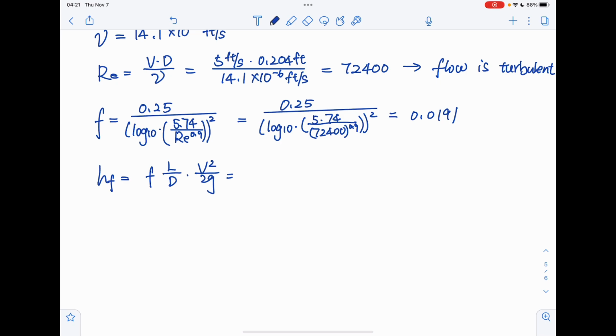F is 0.0191, times L, which is 100 feet, over the diameter, 0.204 feet, times the velocity, 5 feet per second, squared, over 2g, where g is 32.2.